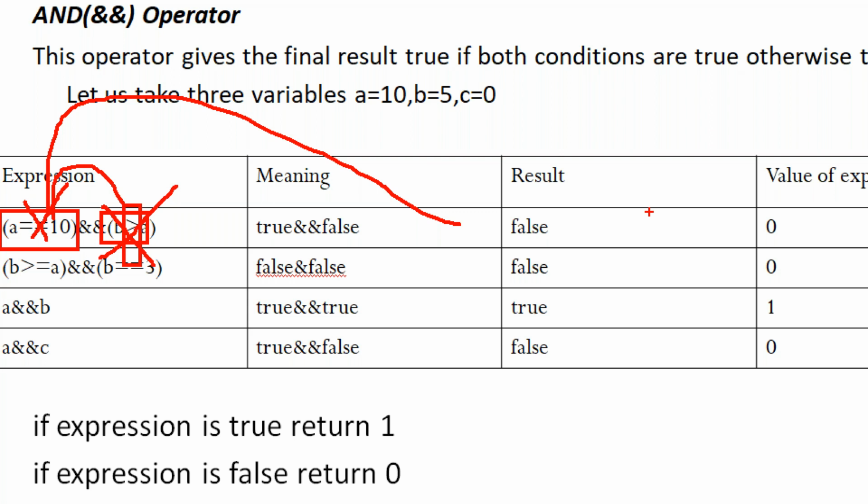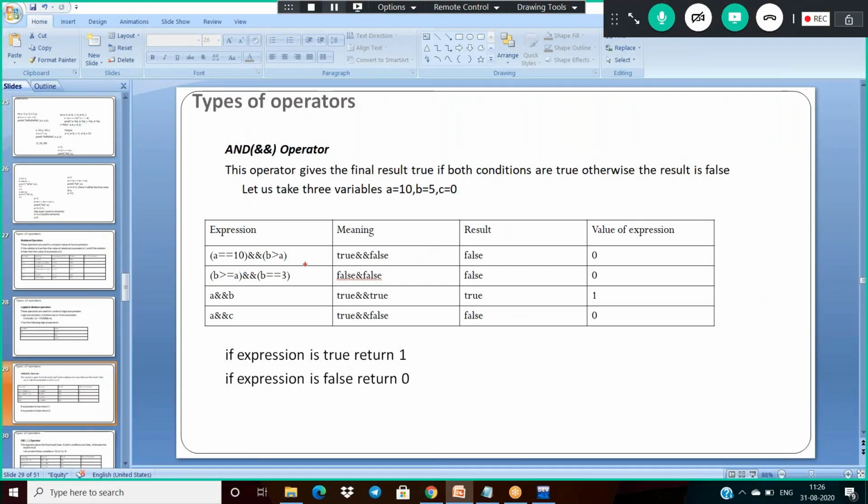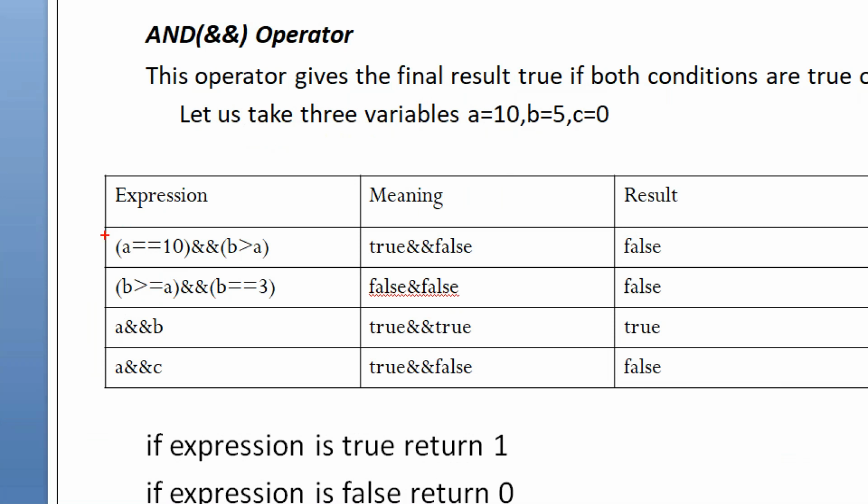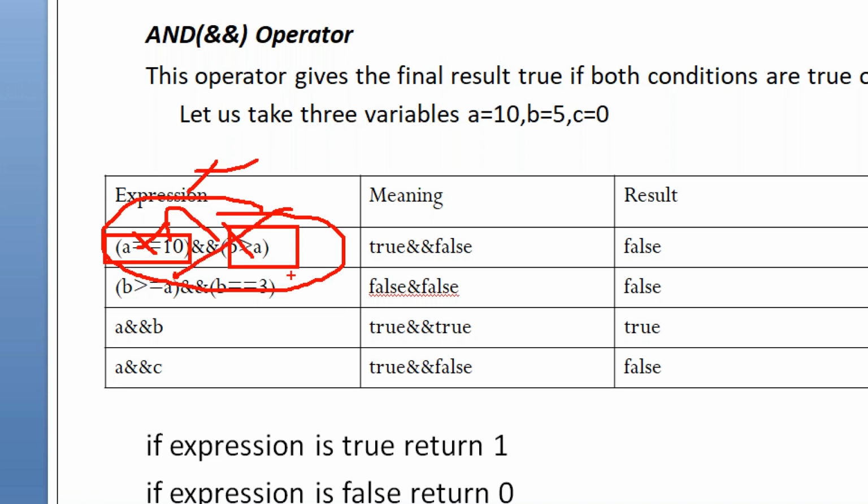The importance of logical AND is that during expression simplification time, if the first expression is true only, the second is evaluated. If the first one is false, it blindly assumes that the overall expression is false. It won't evaluate the second expression. This is the important case.